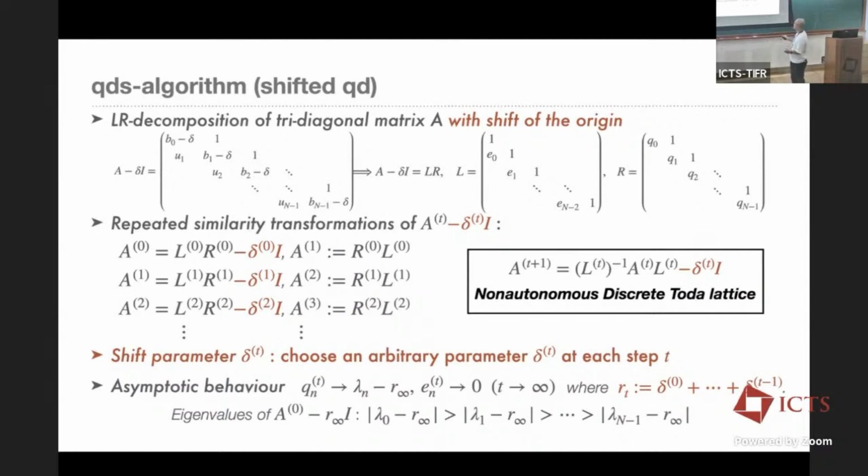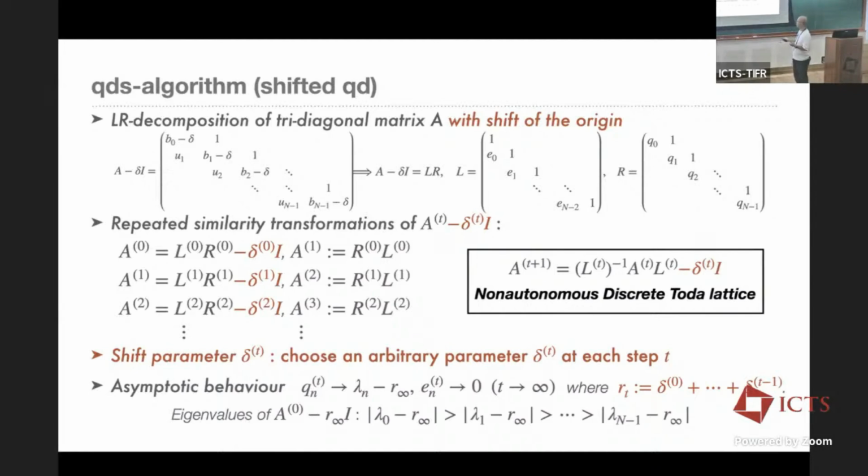In each step we can choose, not completely arbitrary, but under some restriction, we can freely introduce this delta t. It means that this will shift the eigenvalues of the original starting tridiagonal matrix A0. So this is some asymptotic behavior for Q and E as t goes to infinity.